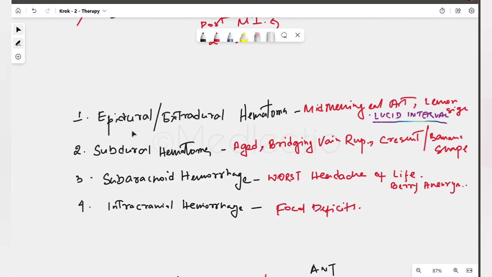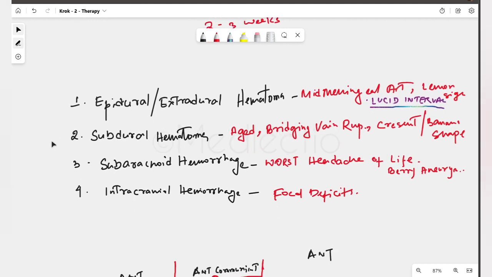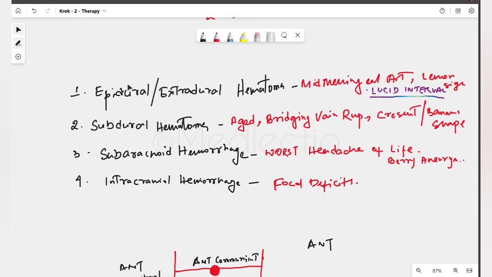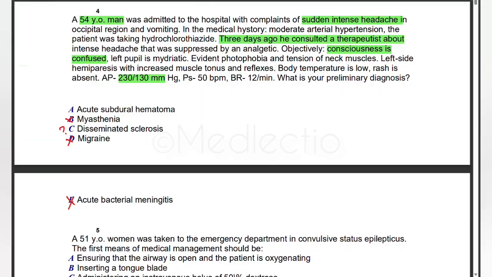Now we'll see some images. First let's go to the question. Subdural hematoma: we have an aged person, bridging vein rupture, crescent shape, banana shape. Here there is an aged person with hypertension, and if there is a hemorrhage, we will suspect subdural hematoma.